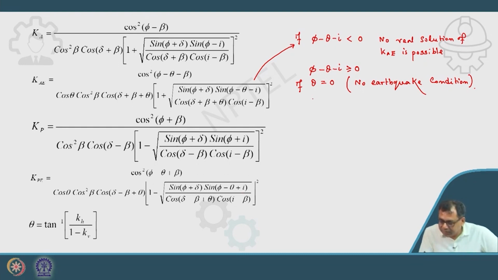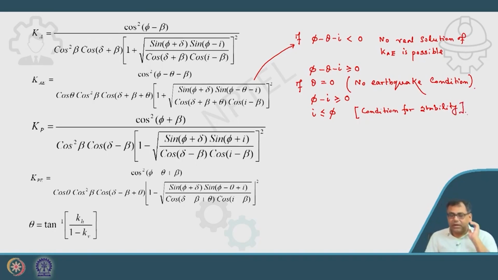If theta is equal to 0, phi minus I should be greater than or equal to 0, so I can write that I should be less than or equal to phi. That is the condition for stability for the static condition.